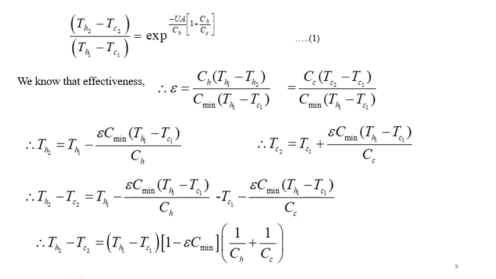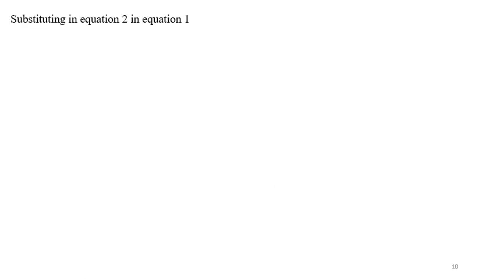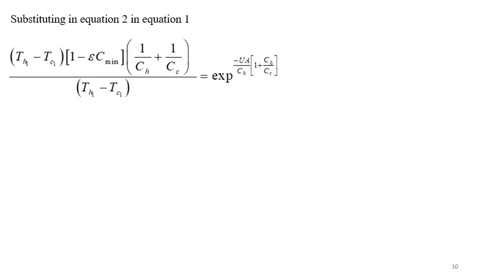Substituting this Th2 minus Tc2 in equation 1, we can write (Th1 minus Tc1) into (1 minus effectiveness into C minimum into (1 by Ch plus 1 by Cc)) whole divided by (Th1 minus Tc1) is equal to exponential to the power minus UA by Ch into (1 plus Ch by Cc).